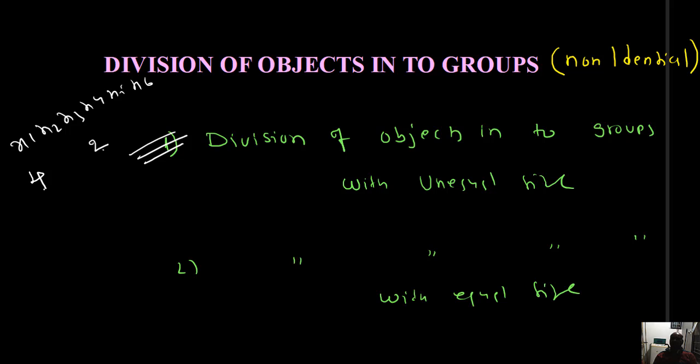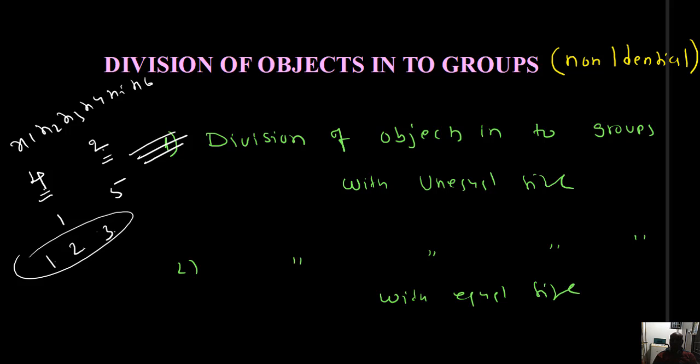The important thing is unequal size: this group has 4 objects, this group has 2. Or we want to divide them into two groups of 5 and 1. Or into 3 groups containing 1, 2, 3 objects. They are unequal sizes.